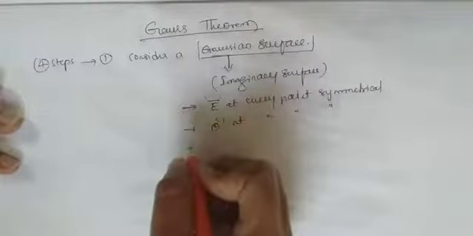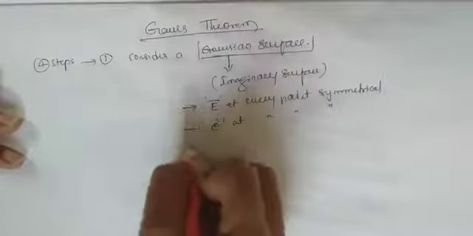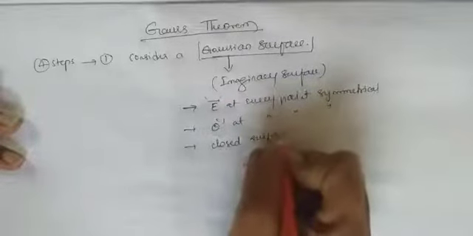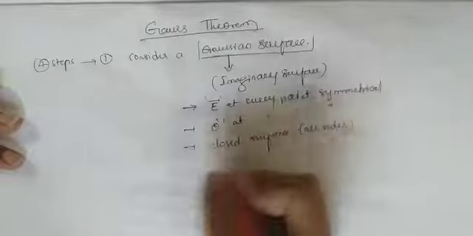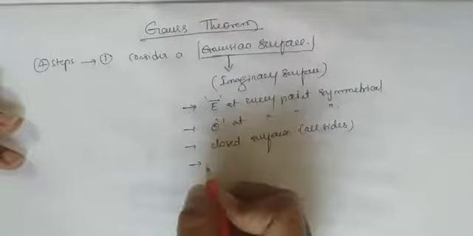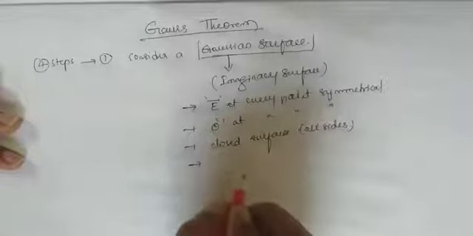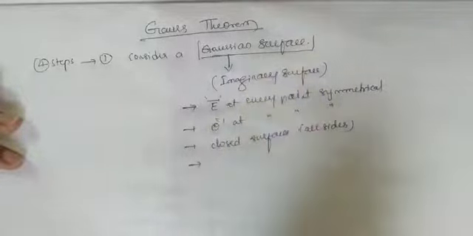This Gaussian surface must be a closed surface, closed from all sides. And next, if you are considering one Gaussian surface and that is not enough to find the electric field, then we can also assume another Gaussian surface which is also symmetrical.